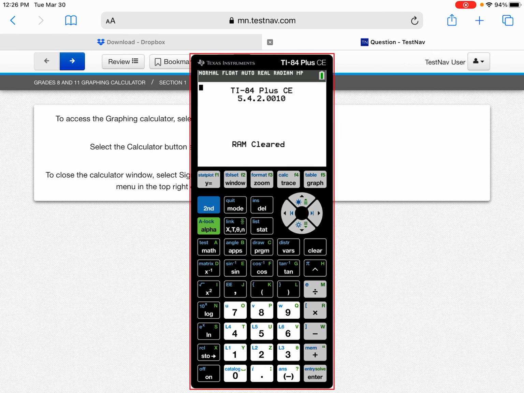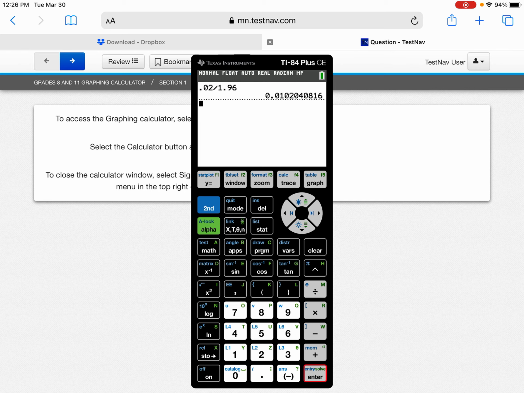When I was solving this, I started by doing 0.02, and I'm going to show how I did number 2, divided by 1.96. That gave me my first number I was working with. From there, I had to square it. So I didn't type the number out. I just hit the square button, and you'll see it says answer squared. That means it's going to take your previous answer and square it.